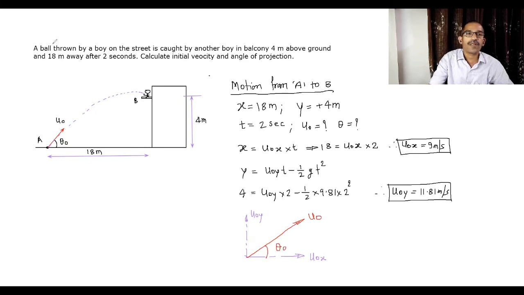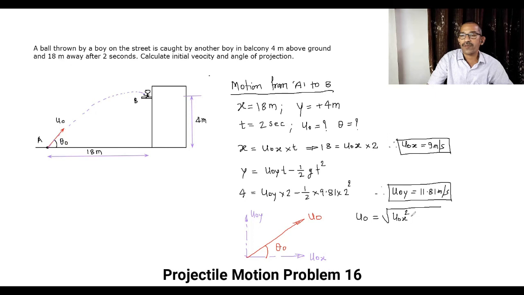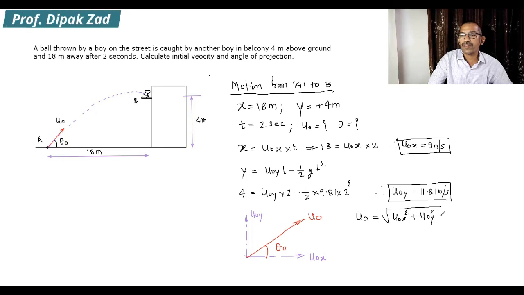Applying the Pythagoras theorem, u0 equals the square root of u0x square plus u0y square.